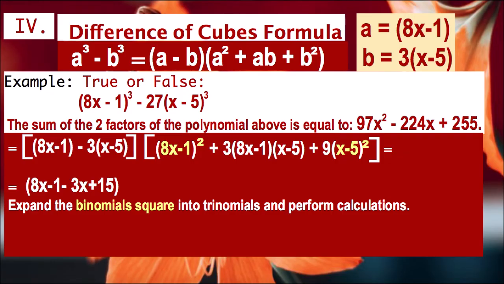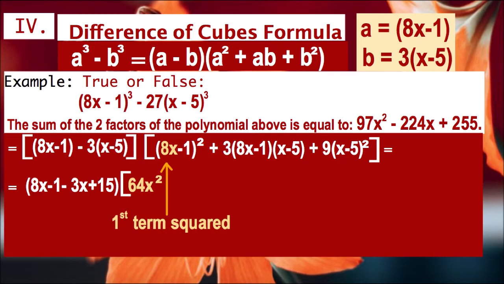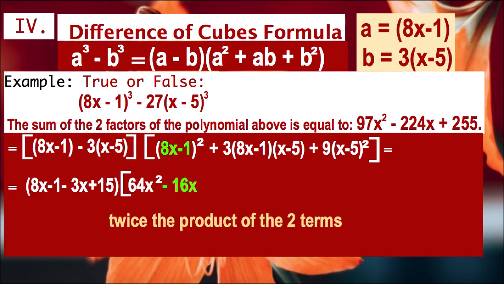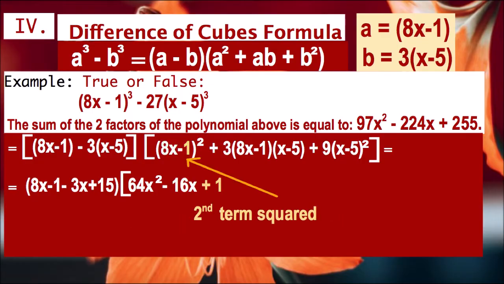And then we can expand the binomial squares inside our second bracket into trinomials and perform additional calculations. So the first term squared is 64x squared minus twice the product of the two terms. So we have negative 16x. And then the second term squared is 1.